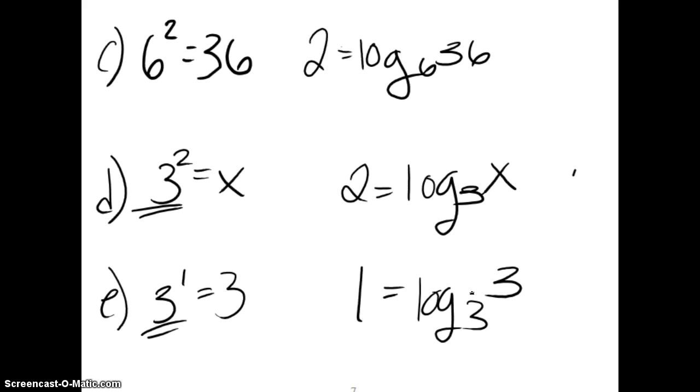Now that we've converted, we can evaluate. And evaluating is a lot simpler than you would think. So when we evaluate, first we want to convert. So here's the steps for evaluating logarithmics. How to evaluate.